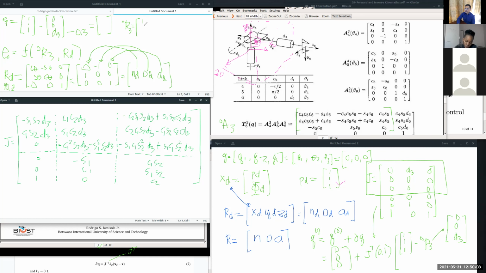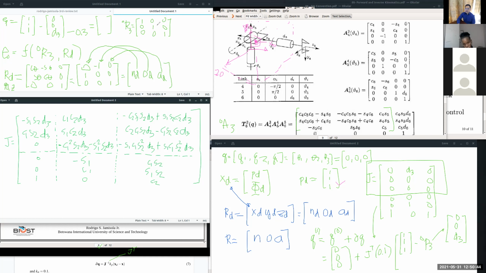This is 0. Anything with a sine is 0, but this has no sine, so that's a 1. And sine 0, cosine, sine 0, so 0, 0, 1. There you go.